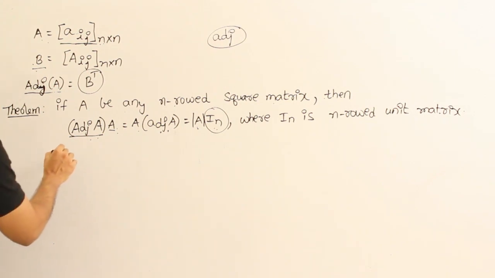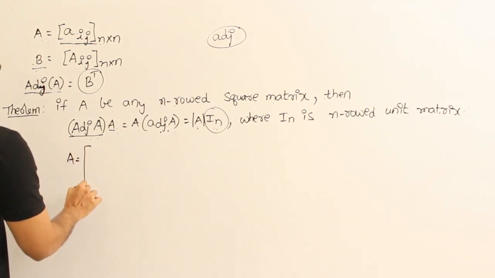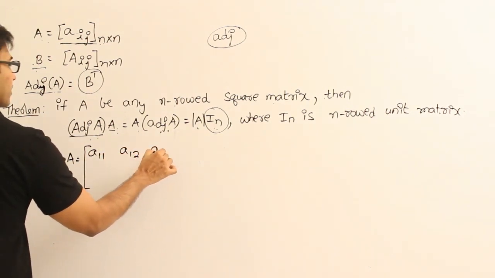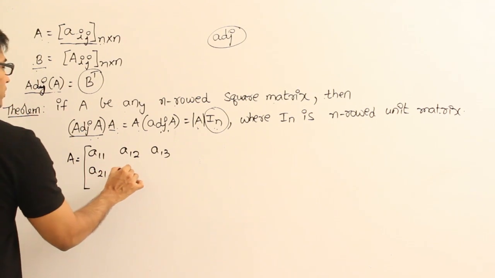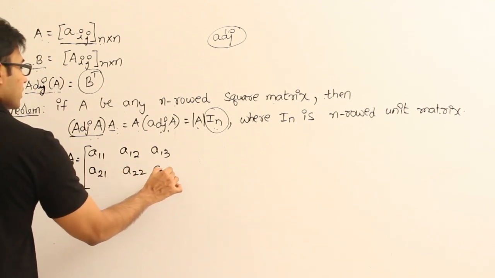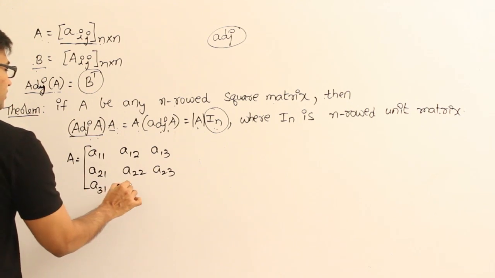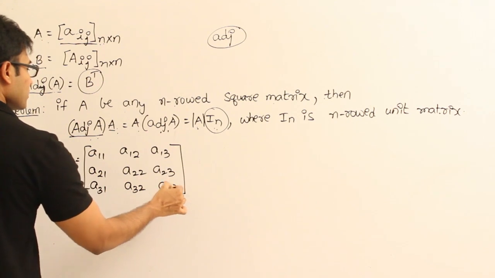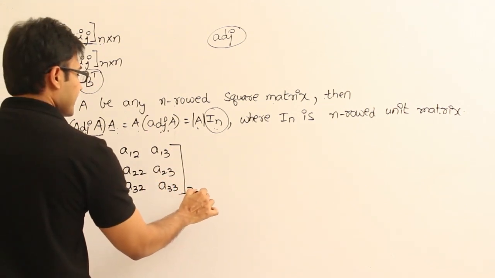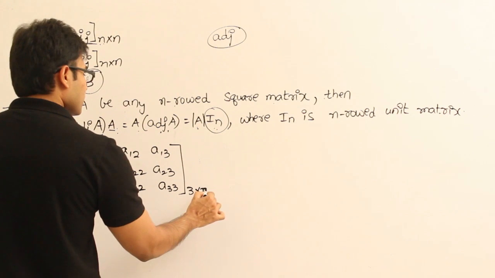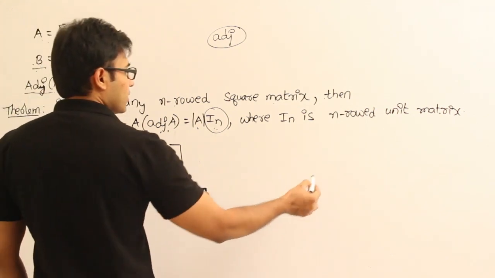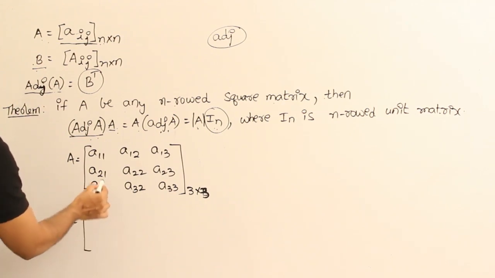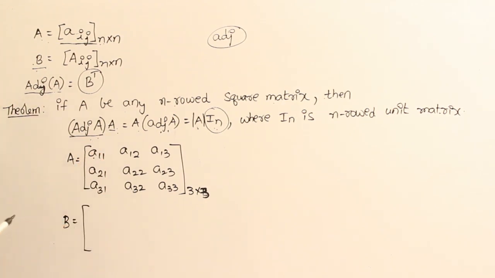Let us say A is a small 3 by 3 matrix: a11, a12, a13, a21, a22, a23, a31, a32, a33. Now find a matrix B, obtained by replacing each element of A by its cofactor.